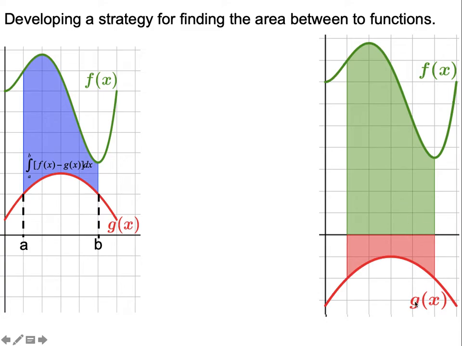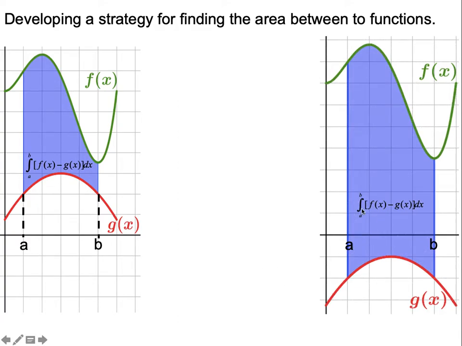If I integrate g of x between a and b, I get this red region between the function and the x-axis. Because this is a negative region, green minus a negative red ends up being an addition process.